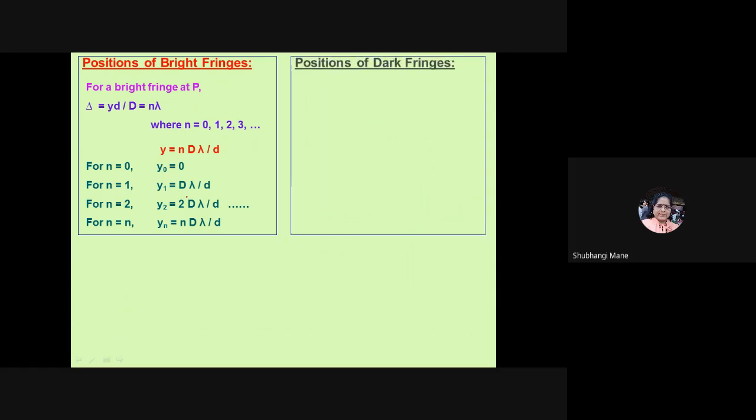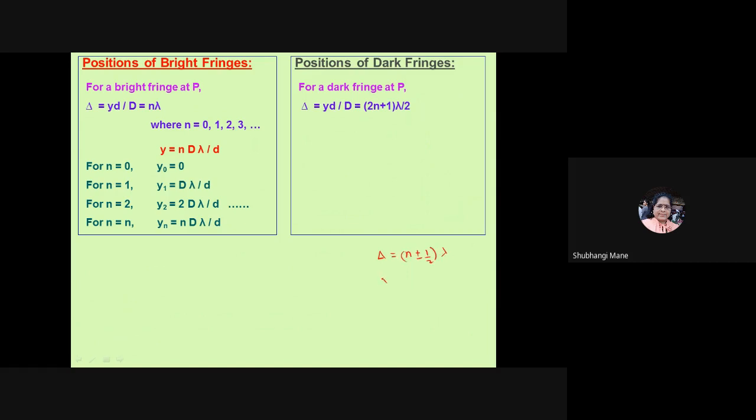Then the position of dark fringes. What is the condition? We said that if the path difference equals n lambda, we get the condition for bright fringes. For dark fringes, the path difference delta equals n plus or minus half into lambda, right?